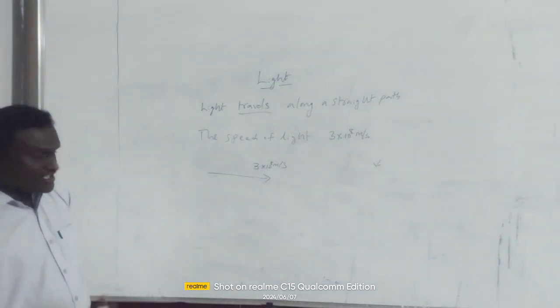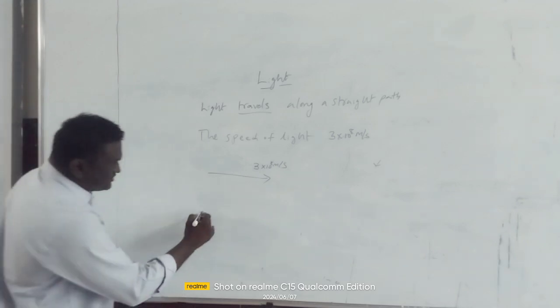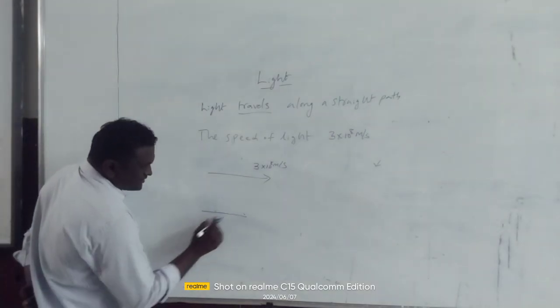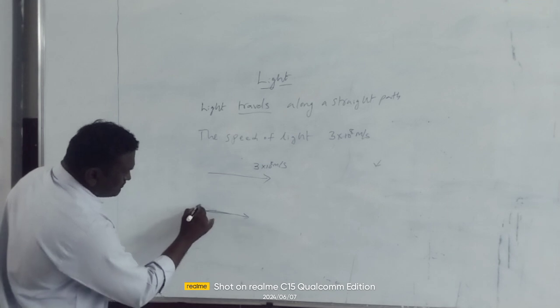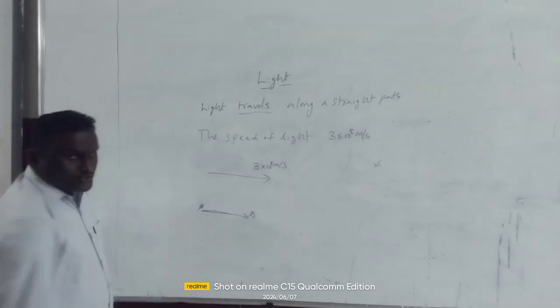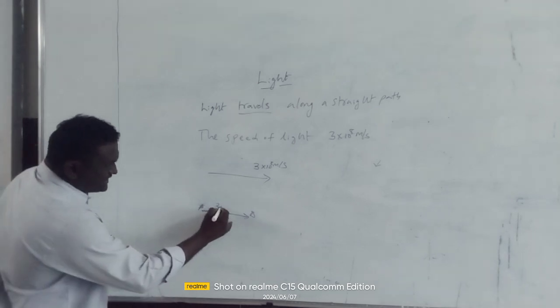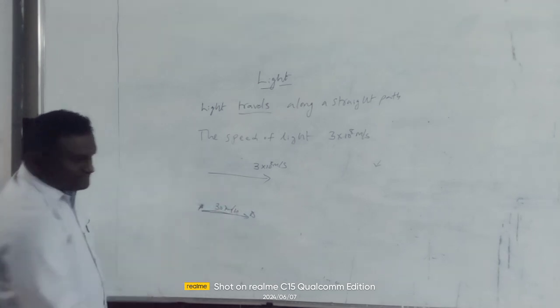Another example: a bike moving from one place to another, from A to B, at 30 kilometers per hour.